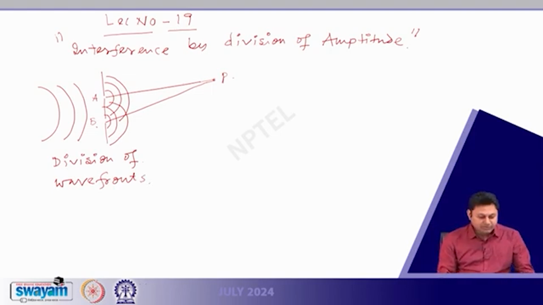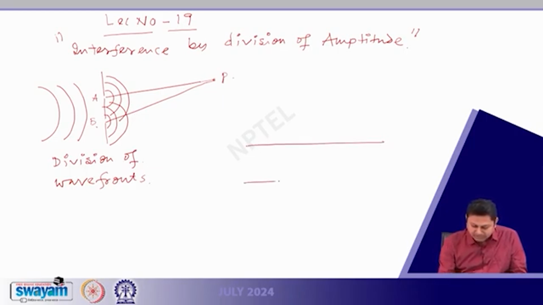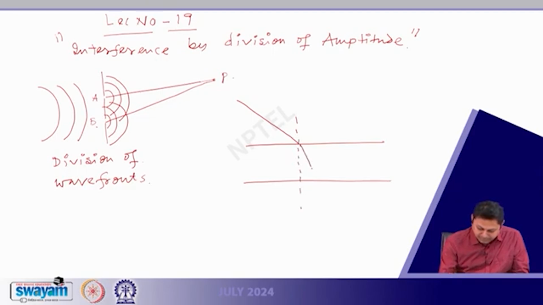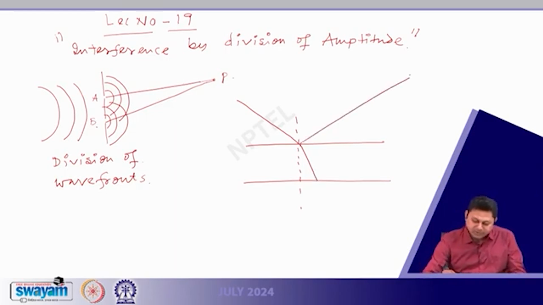In today's class, however, we will try to understand what happens when, instead of wavefront division, we have amplitude division, and how it happens. Let me give you a very simple example. Suppose you have a single film, and light falls on that. Then one part will be refracted and one part will be reflected from this point.